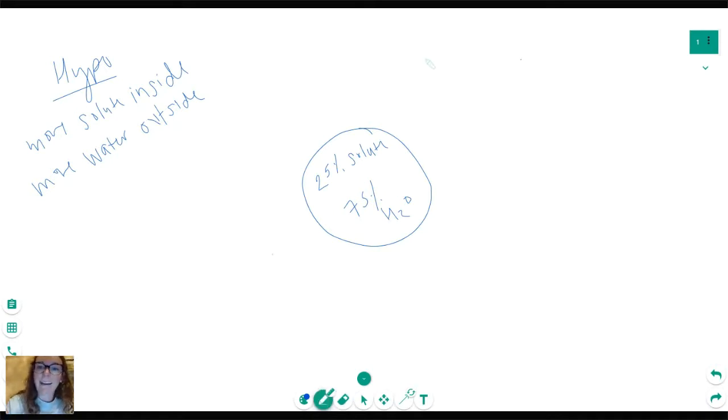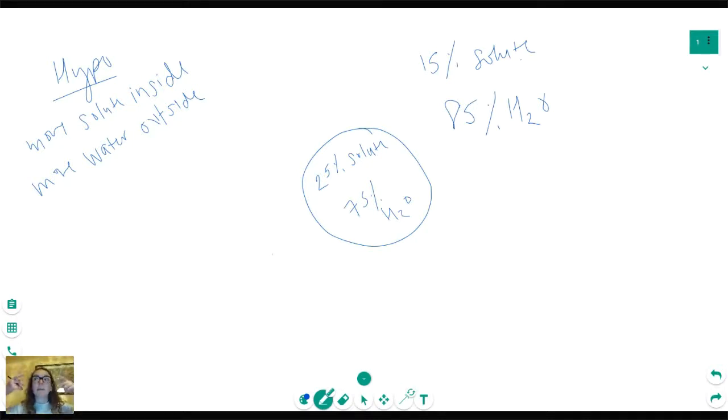Outside, let's say we have 15% solute and 85% water, okay? So I'm writing the percentages of water for you. I will tell you that usually your teacher or the college board, they will not include that. They might just say that there's a higher concentration of solute inside of the cell than in the environment, okay?